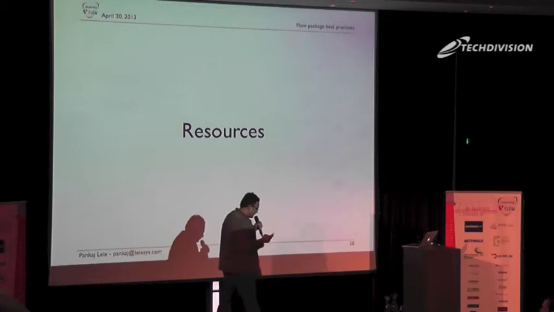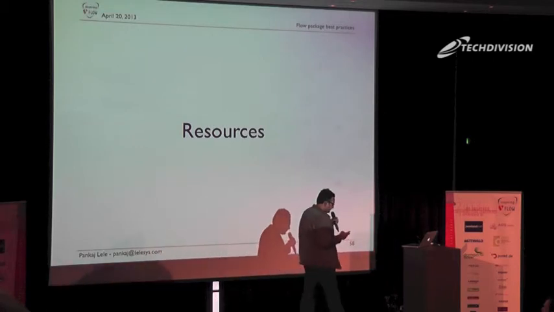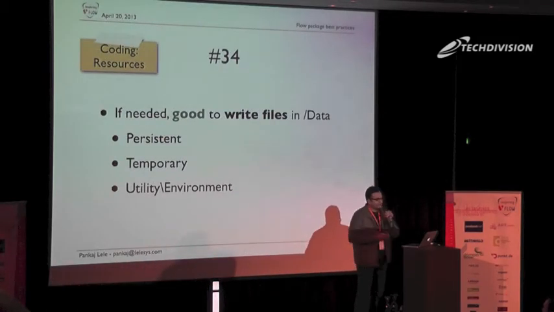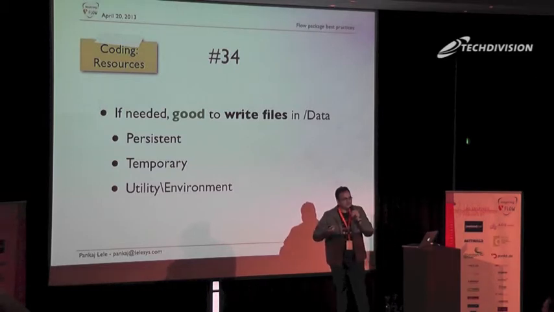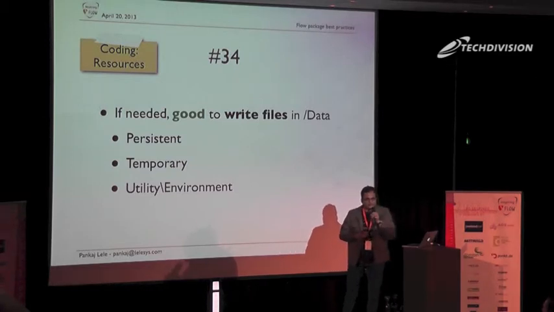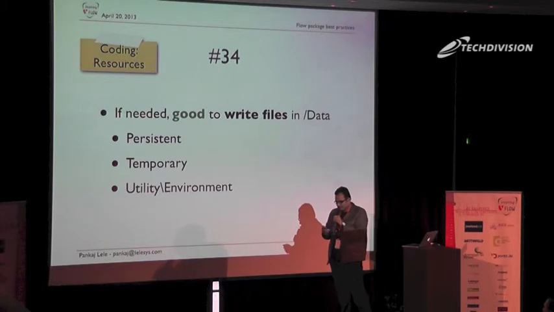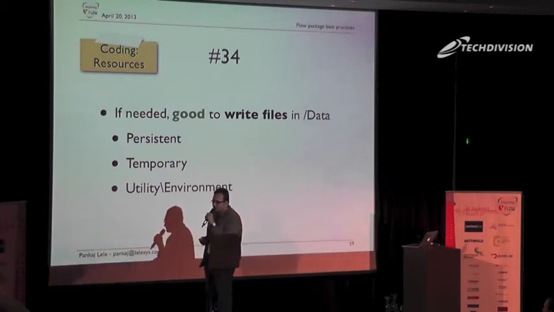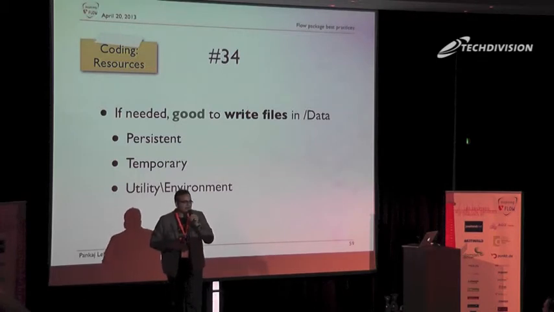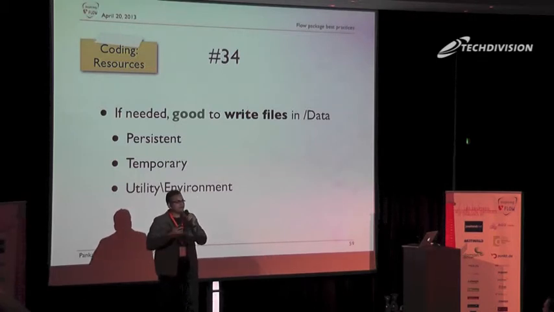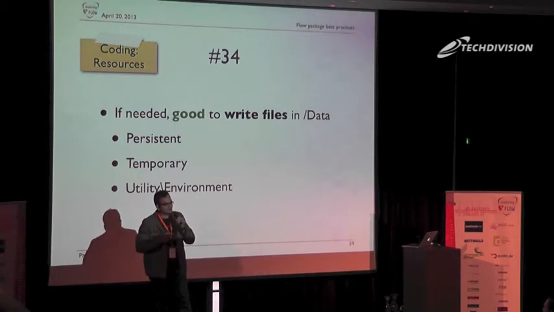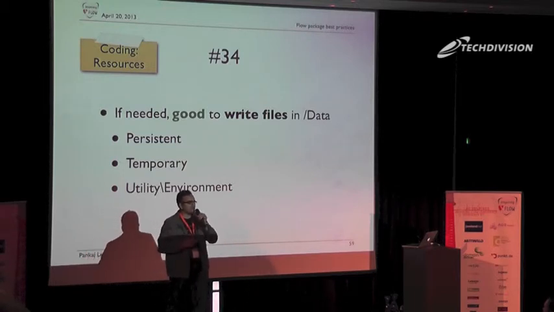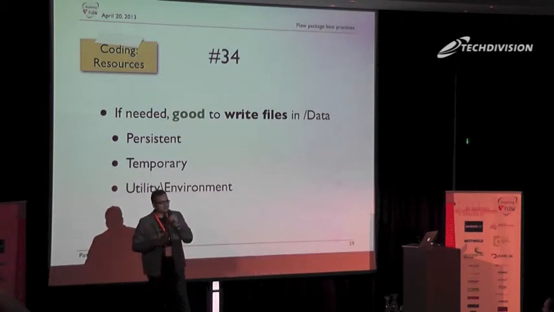Okay, so something about the resources. Mainly, if you want to write any file for any purpose on the disk, it is always better to write the files in the data directory of the application. If you know the file is going to live forever, you can write it in the data persistent directory, or if it is a temporary file, always write it in the temporary directory.